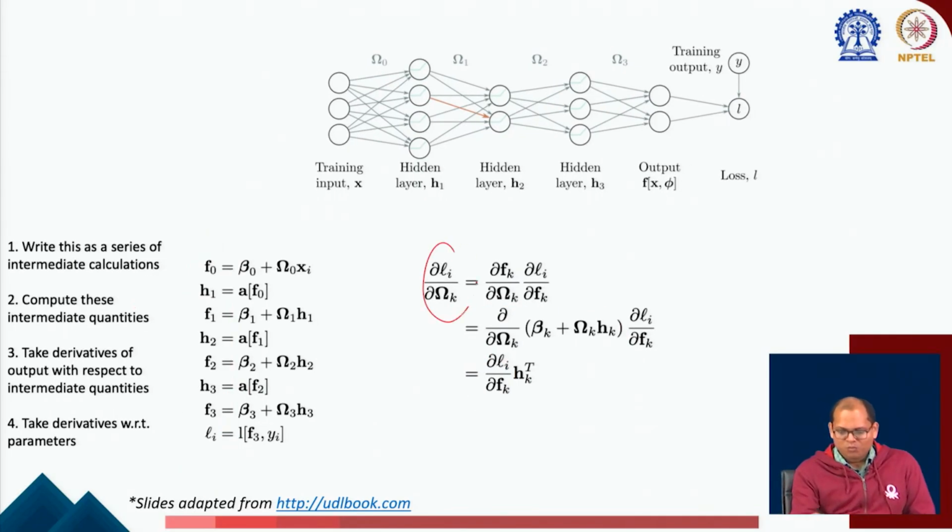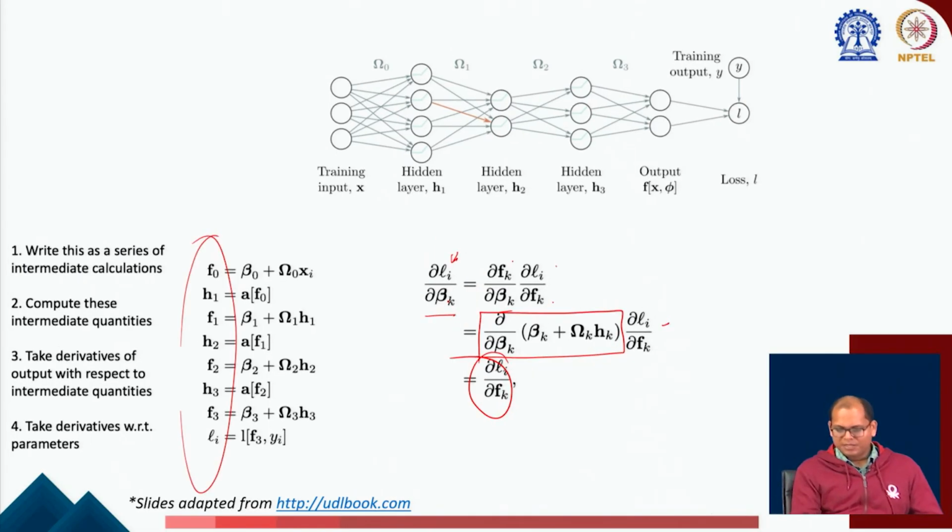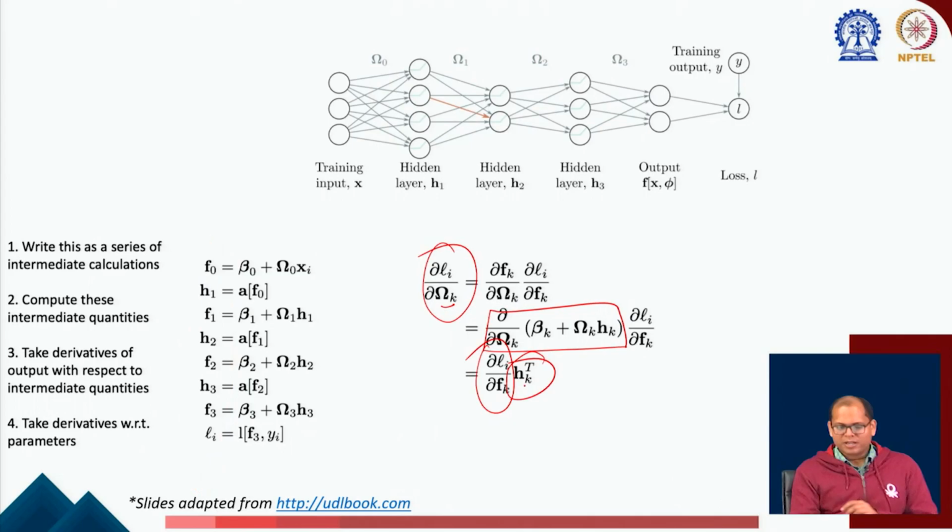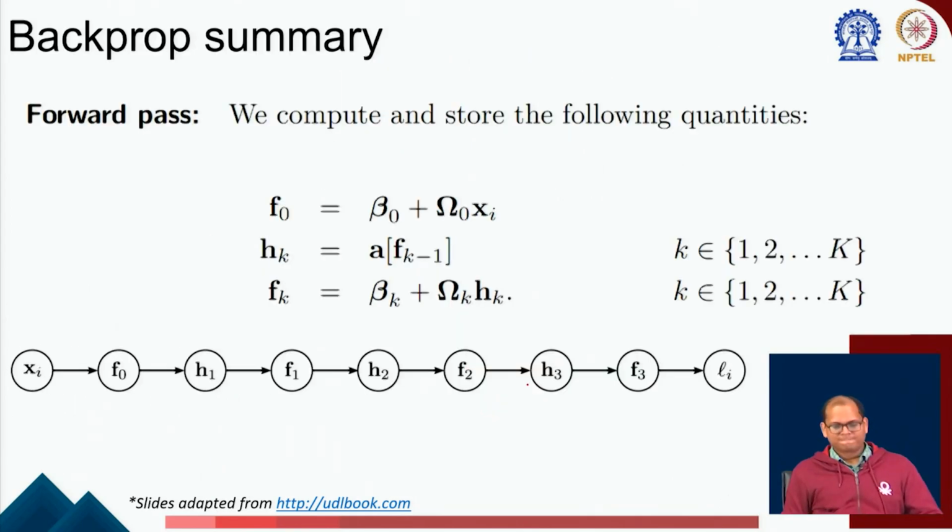And dou Li over dou omega k will be dou Li over dou Fk times Hk transpose, as we saw. That's all you need. So you are anyway computing this intermediately, and then you have the formula to compute it for omega k and beta k. Beta k was simply this, and omega k was Hk transpose.